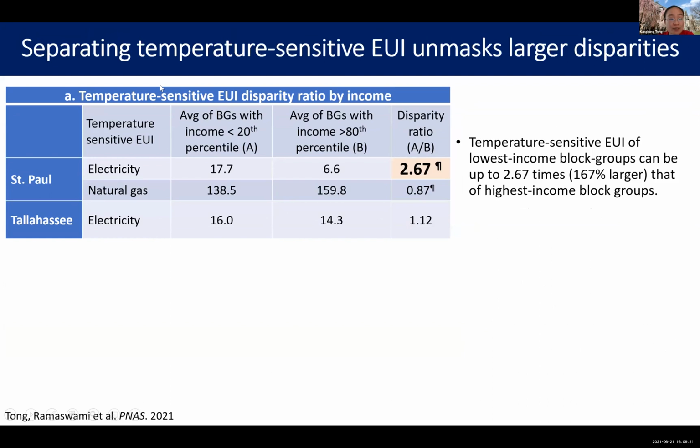And then the second analysis is separating temperature sensitive EUI, which we found actually unmasks larger disparity. So in a similar way to analyzing the annual EUI here, calculating the disparity ratio by income, the electricity disparity can be up to 167% larger. That is much larger than what we'd see if we're looking at annual energy use intensity.